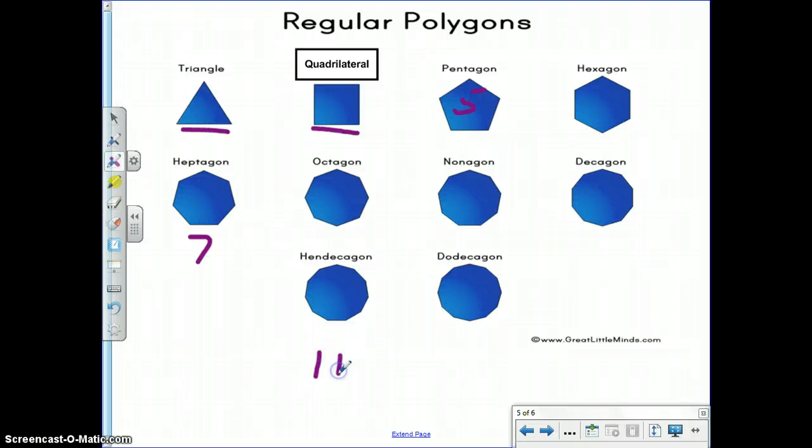Here's 11, 12. All polygons are named after the amount of angles or sides that they have. If it has 4 angles, it's going to have 4 sides. If it has 3 angles, it's going to have 3 sides, and so on. The angles and sides always match in the same amount.